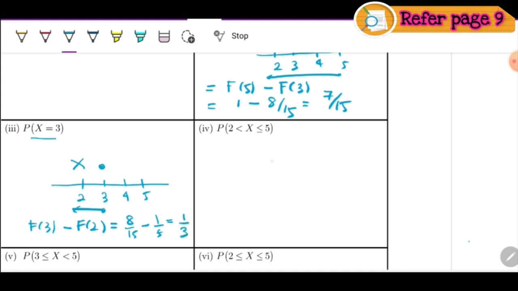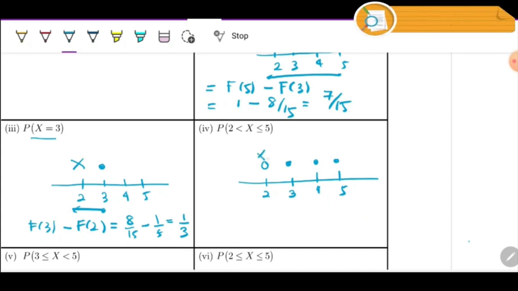Question number 4. Find the probability of x between 2 and 5 but not including 2. So draw a number line, 2, 3, 4, 5. So start from 2 but not included, 3, 4, 5. Okay.